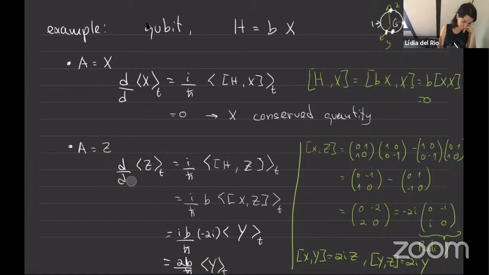So I hope you got this. If you want to do this, you only need to look at the Y. And similarly, the relative evolution of Y will depend on Z.